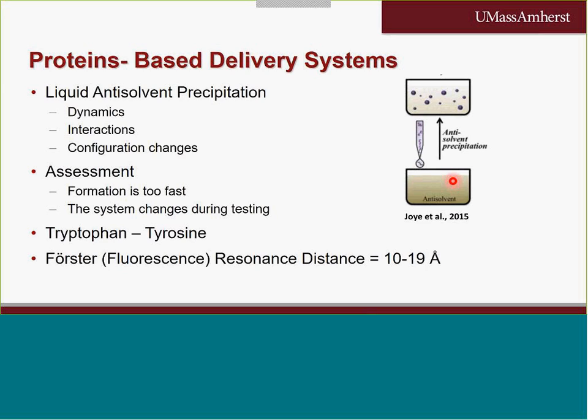In the case of anti-solvent precipitation, a protein solution is added into a solution that is considered an anti-solvent, because the particular protein that is dissolved collapses or changes conformation once it's in a solution that doesn't offer its proper hydration.